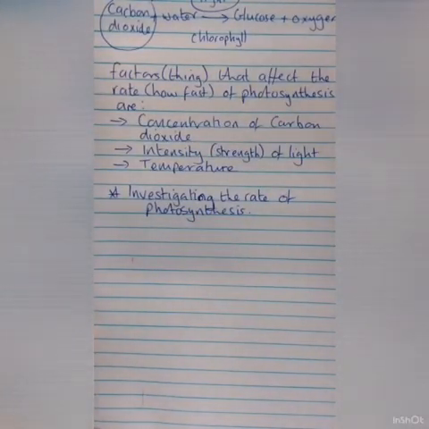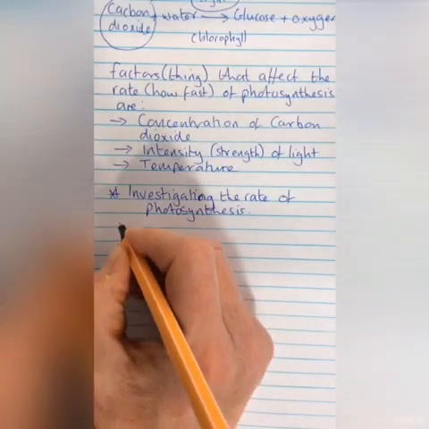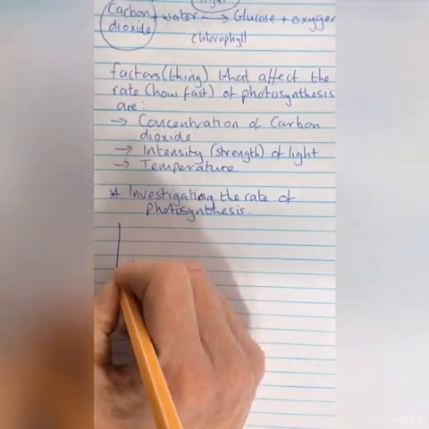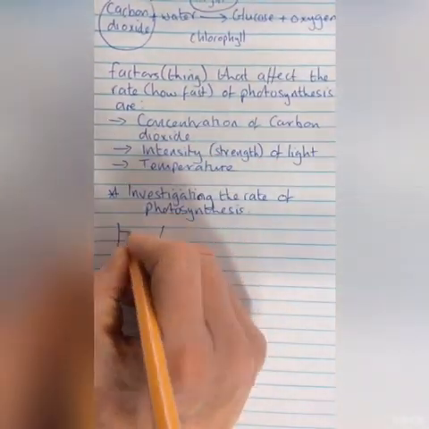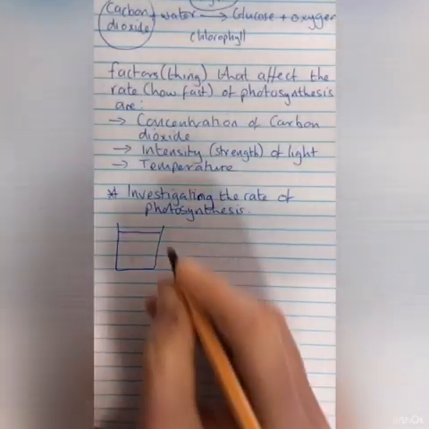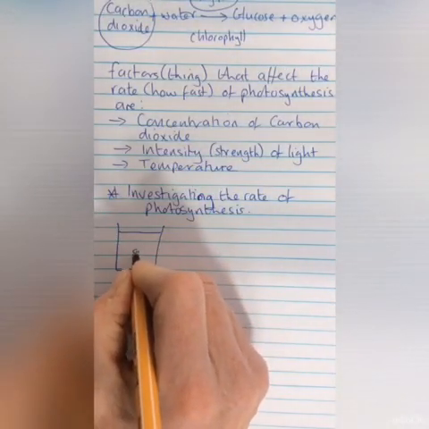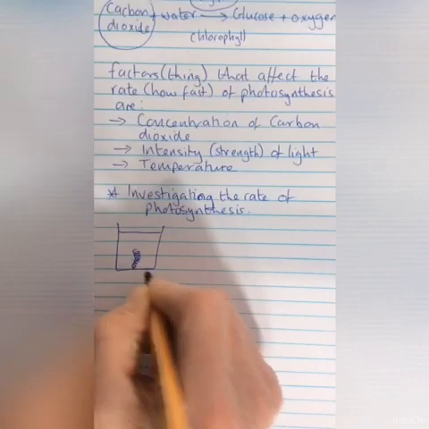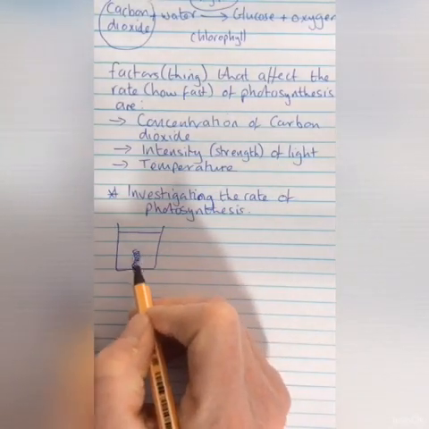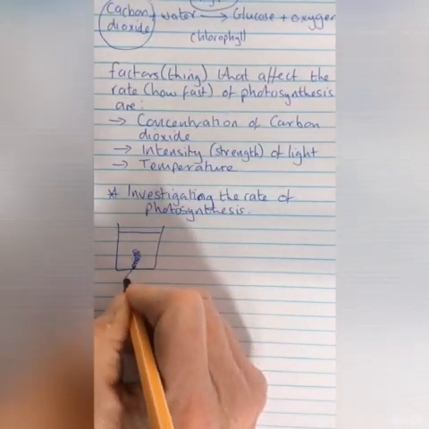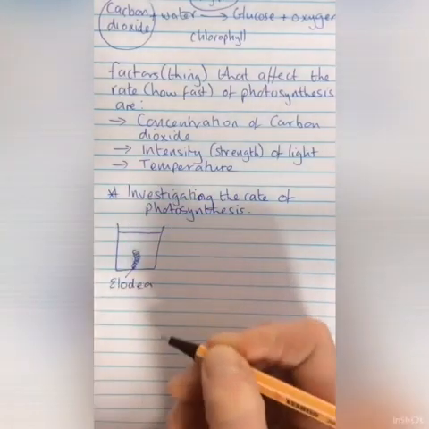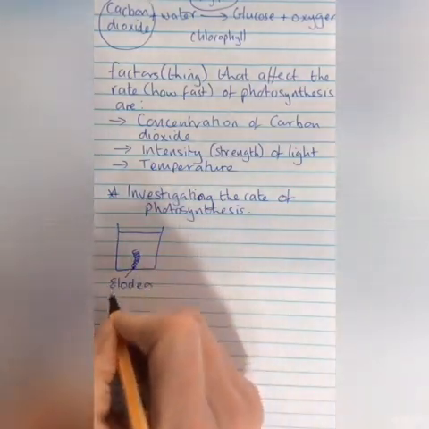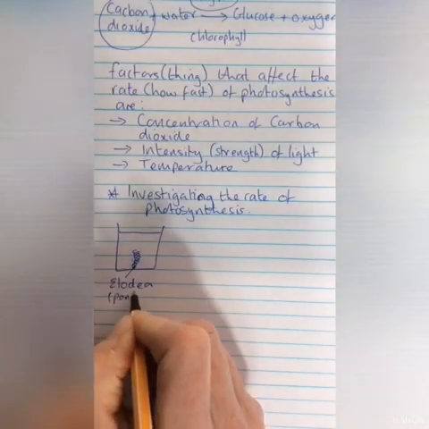Well, there's a really handy thing in nature in the form of pondweed. If I had a beaker with water in and I got some pondweed, from the garden pond, that curly weed, it's called Elodea. So Elodea is pondweed.